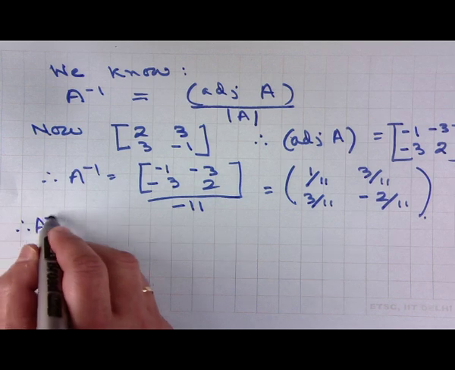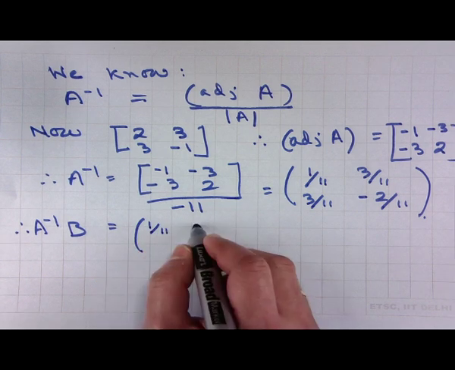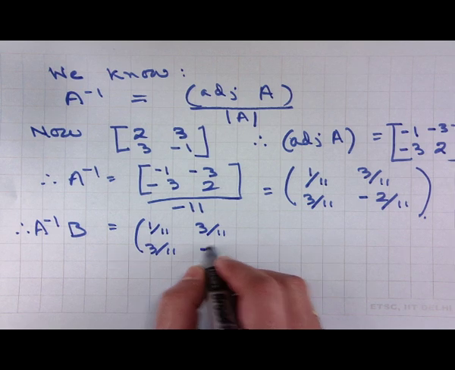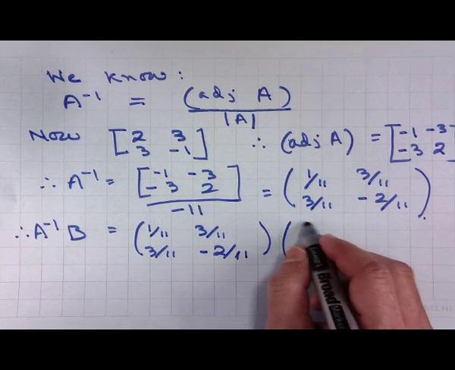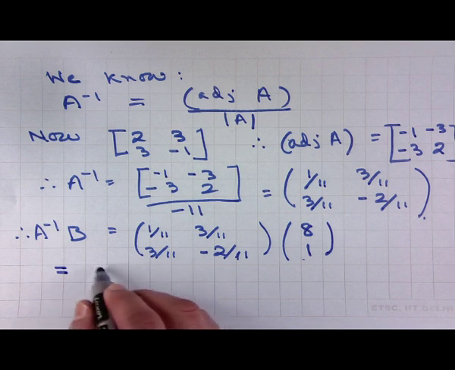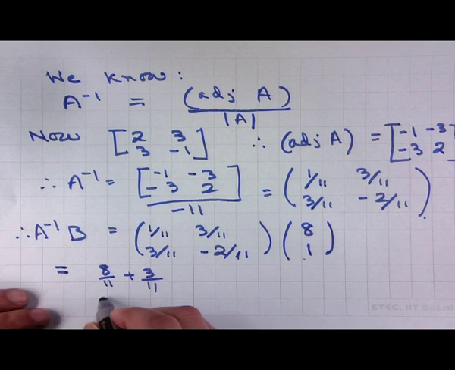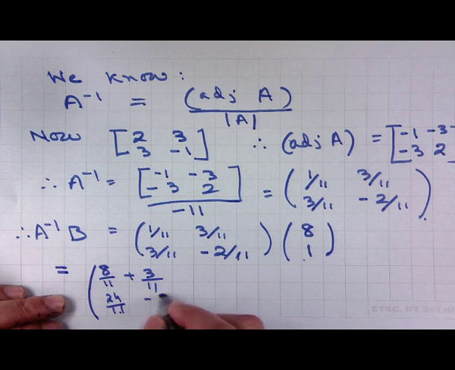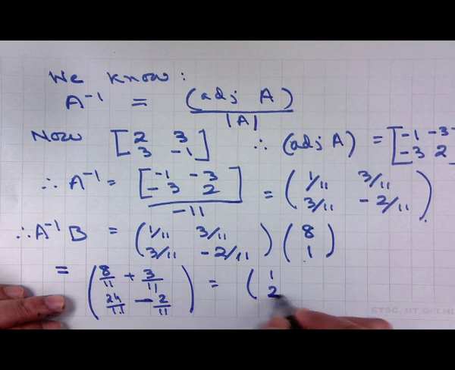Therefore, A inverse B is equal to [1/11 3/11; 3/11 −2/11] multiplied by the right-hand side vector B, that is [8; 1], which equals [8/11 + 3/11; 24/11 − 2/11] = [1; 2].